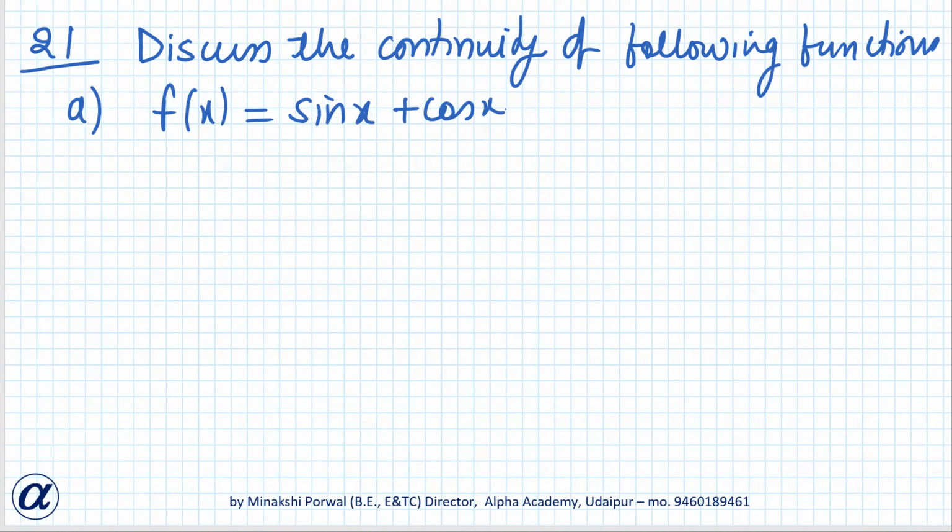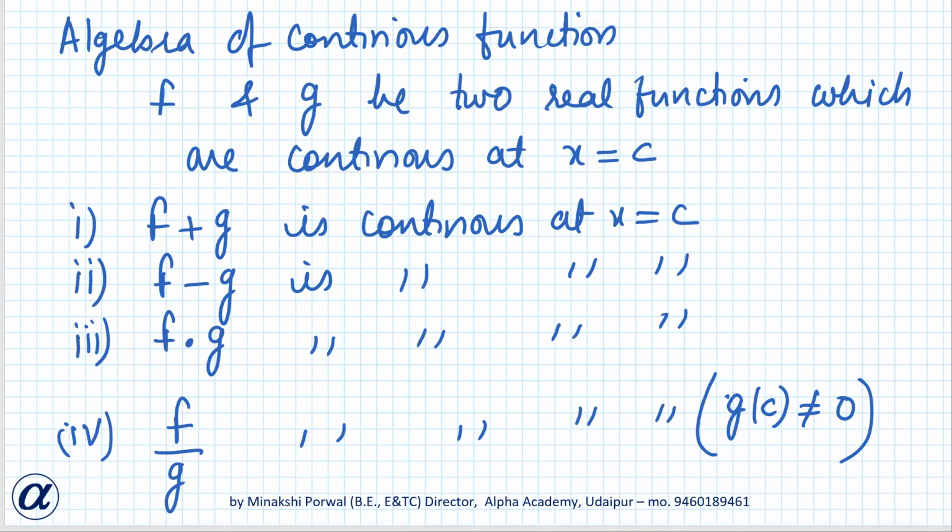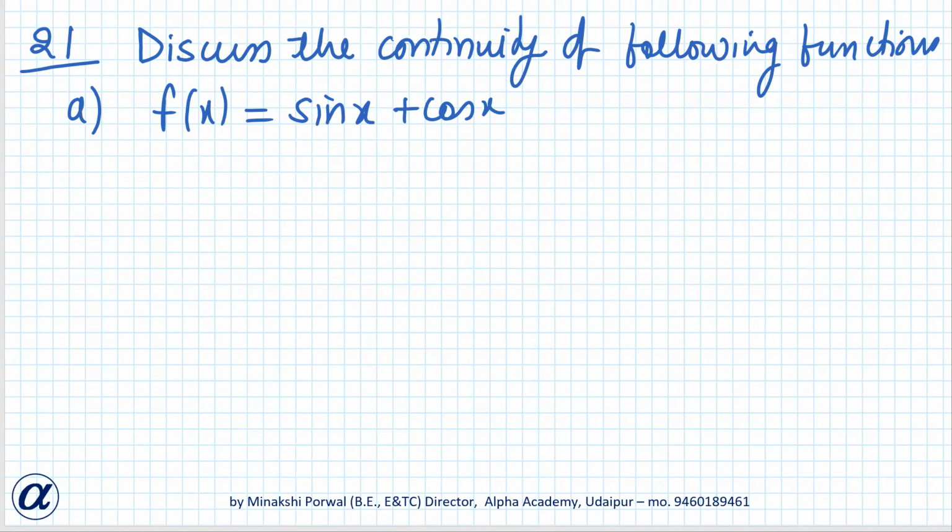Now we know that sin x is a continuous function, cos x is also a continuous function. So f(x) = g(x) + h(x). By the algebra of continuous functions, if g and h are continuous, their sum will be a continuous function. Therefore, this will be a continuous function.